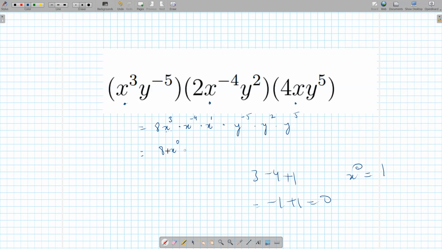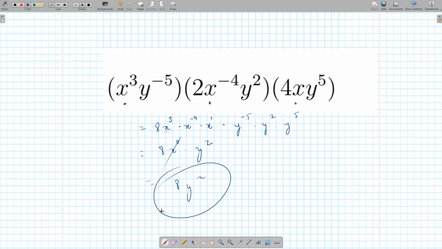How many y's? 2. Yeah, that's right. And there we go. That's the answer. And x power 0 is a 1. So it'll just be 8y squared. Final answer. Okay.